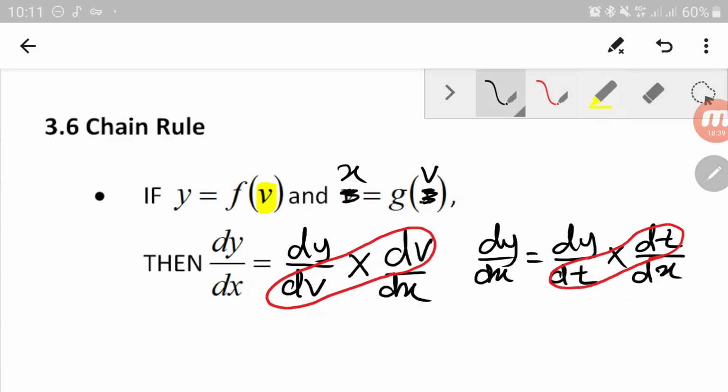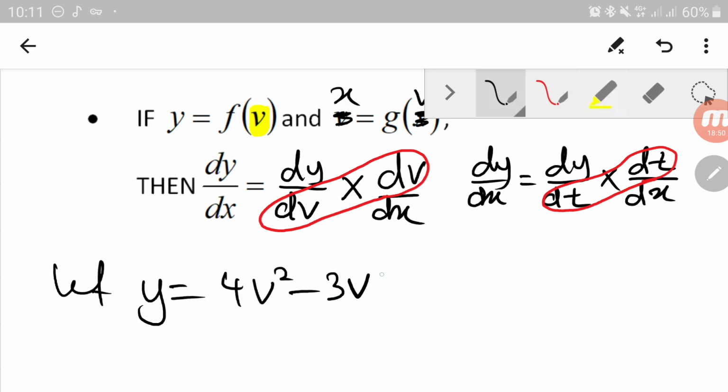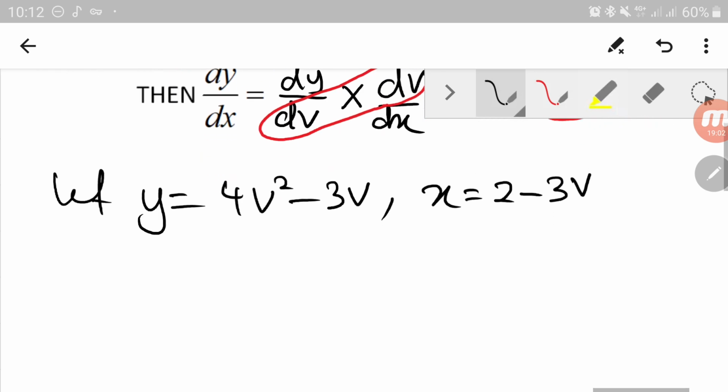Okay, so maybe we can have one example. Let y equal 4v squared minus 3v, and then x equals 2 minus 3v. Okay, so how to get dy/dx?